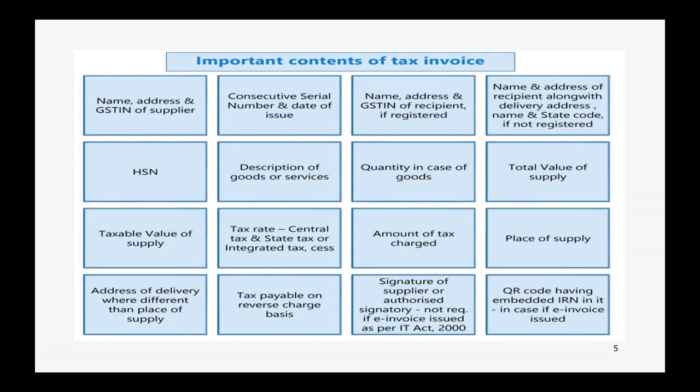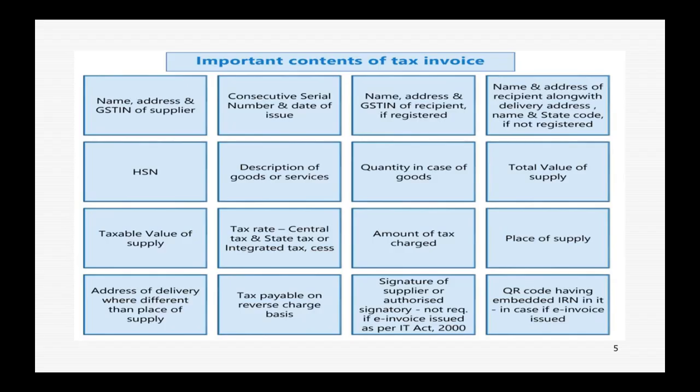The address of delivery has to be specified. Tax payable on reverse charge: whether it is forward charge or reverse charge. Already I told you, in case of reverse charge, the supplier will not collect the tax, and only the recipient will pay the tax, so GST will not form part of the tax invoice.